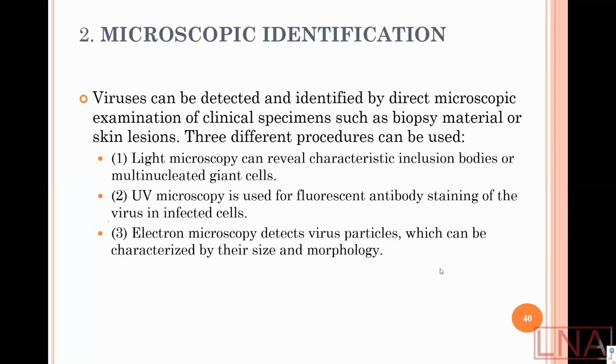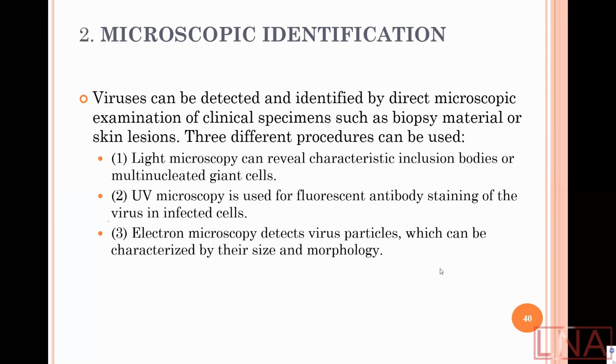Next, viruses can be detected and identified by direct microscopic examination. We can use clinical specimens such as biopsy material or skin lesions and just put them under the microscope. Three different procedures can be used.